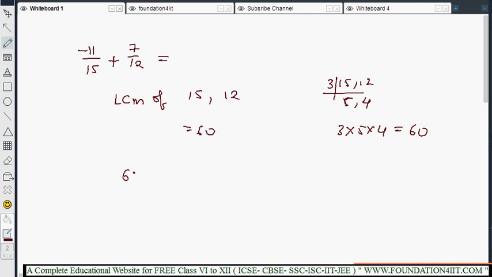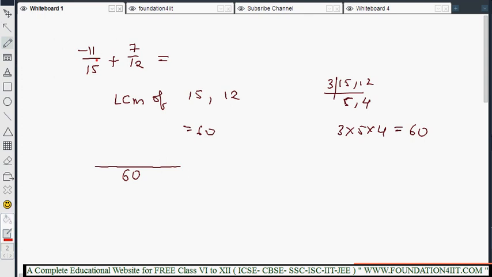There is a direct method, I'll tell you. Now take the 60 and keep a line. Instead of making it individually, here the denominator is 15. So in the 15 table, we need to check 60, because we need to convert this denominator to 60. That means 15 into dash is 60, that is 15 into 4. Right? Now take the same 4 and multiply the numerator also, because the same number should be multiplied above and below.